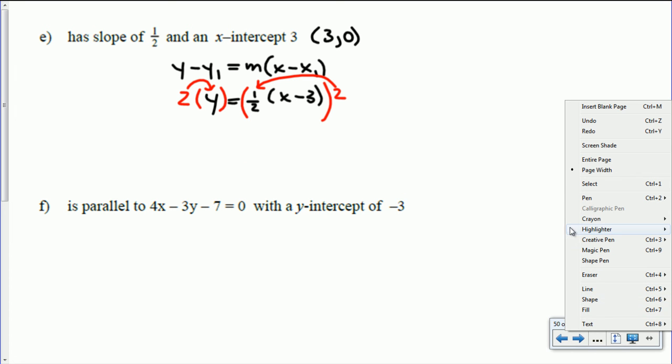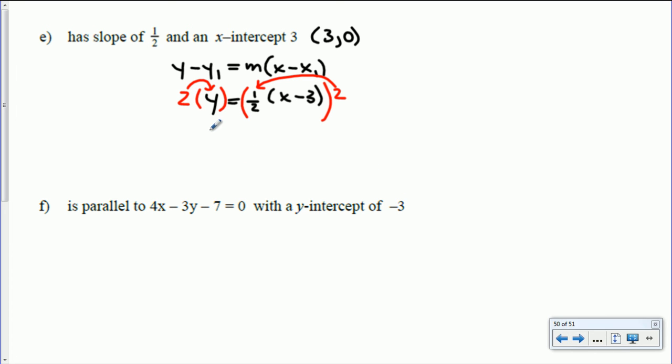So then we get 2y equals x minus 3, hopefully. So 2y equals x minus 3. Bring everything to the right because x is already a positive coefficient. So we'd have x minus 2y minus 3.